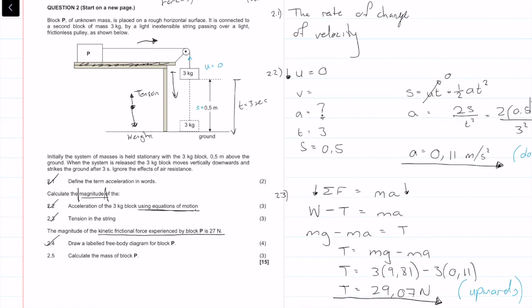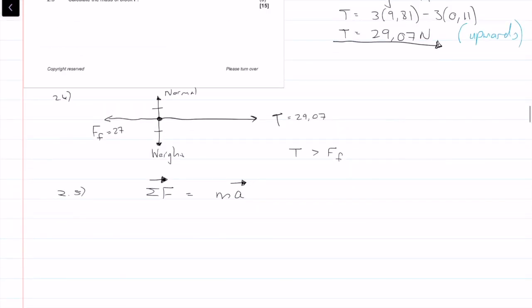Okay, so another thing to note is that if this block has an acceleration equal to 0.11, that means that block P also has an acceleration which is equal to 0.11.